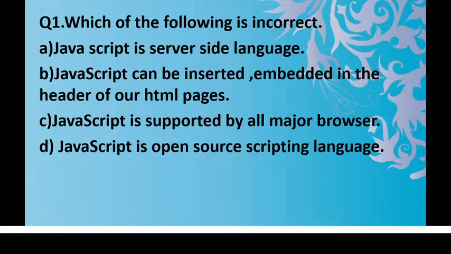A is incorrect. Then what will be the correct? JavaScript is client-side language. If the question is like JavaScript is a client-side language, then all the options will be correct.